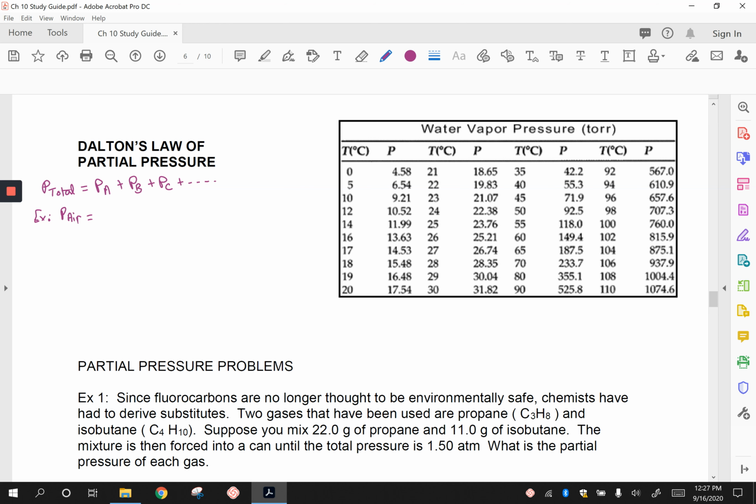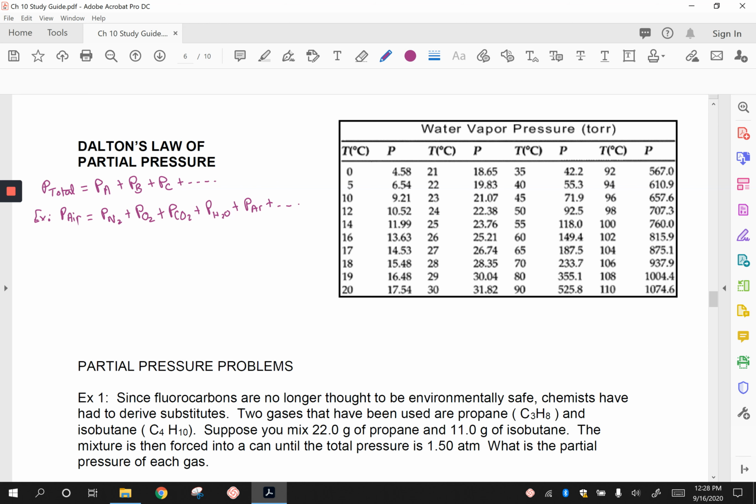It's made up of nitrogen, argon, carbon dioxide, water vapor, and so the total pressure of the air is equal to the partial pressure caused by the nitrogen plus the partial pressure caused by the oxygen plus the partial pressure caused by the CO2 plus the partial pressure caused by any water vapor in the air, any argon, and so on, right? So we are going to use that, but expand a little bit more on it.